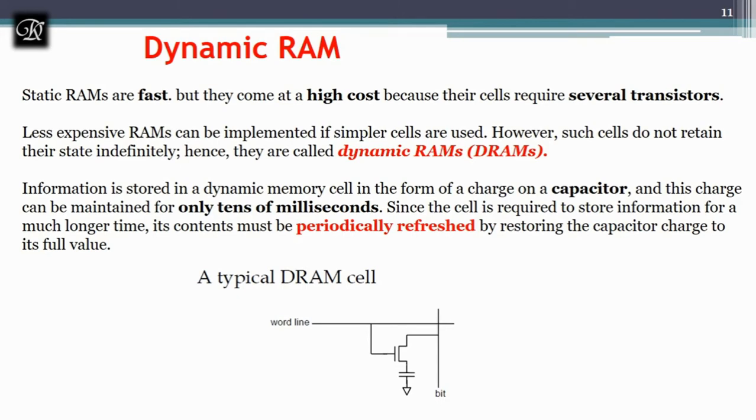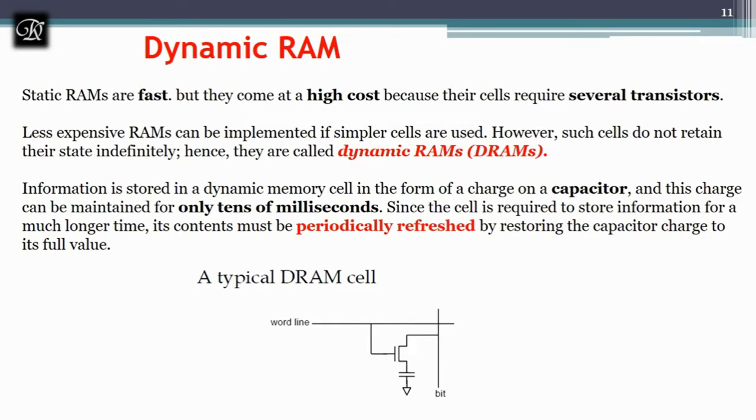Hence, the information stored in the cell can be retrieved correctly only if it is read before the charge on the capacitor drops below some threshold value. During a read operation, the transistor in the selected cell is turned on.